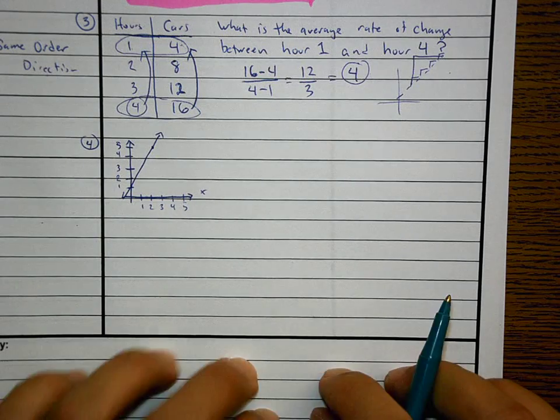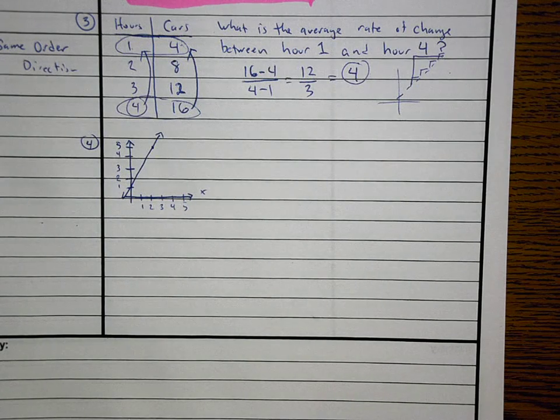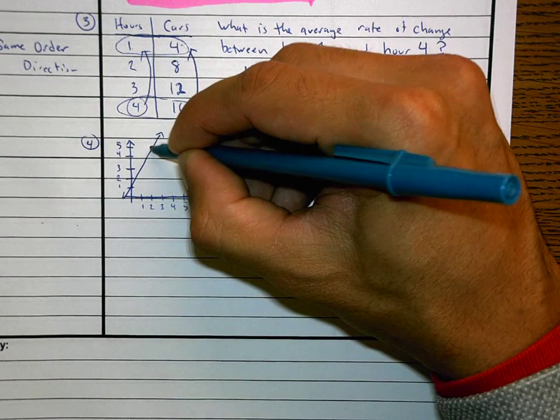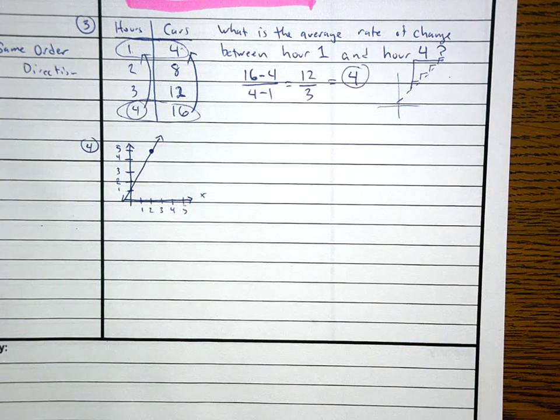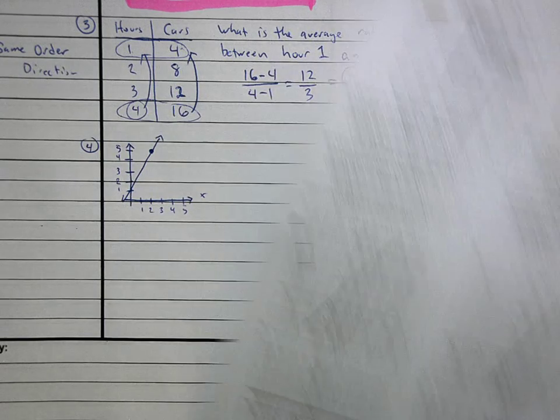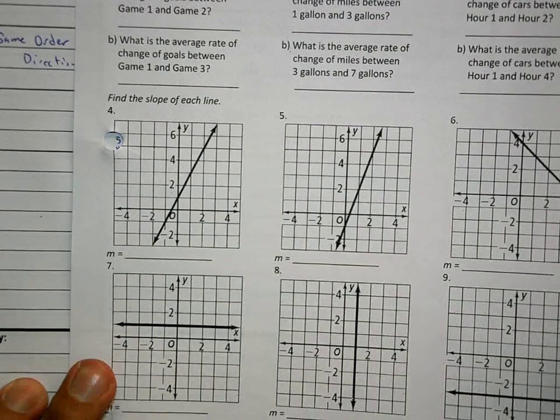It'll look something like this. What I tried to highlight here, there won't be any dots on your homework paper. It'll look more like this on your worksheet.